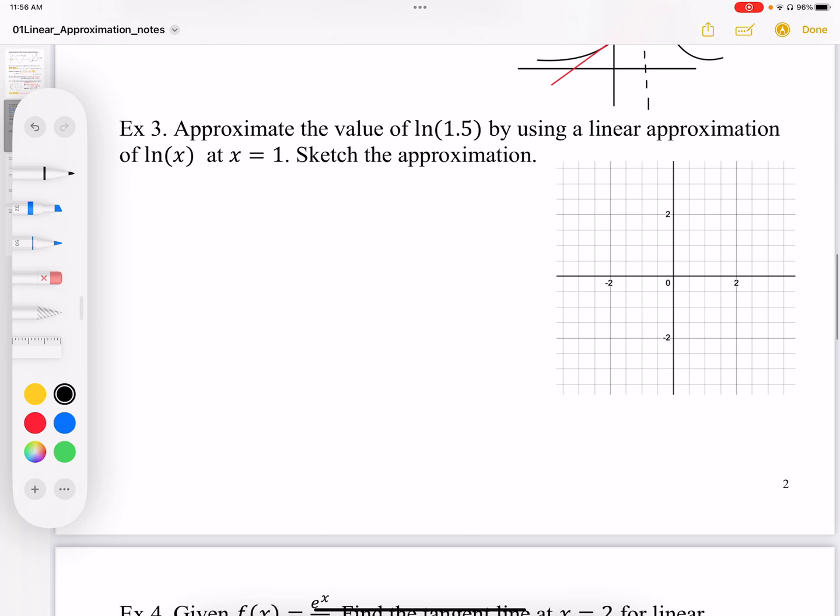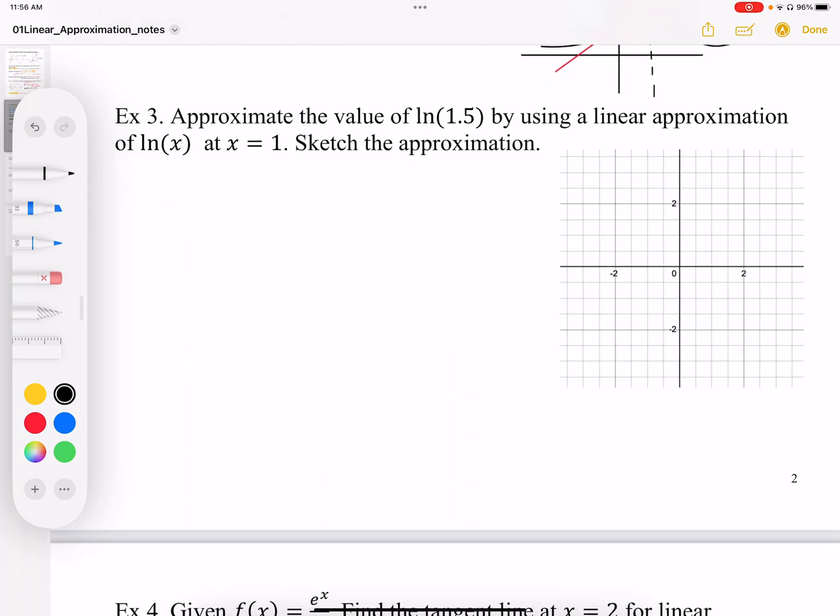In the next example, we're going to approximate the value of log 1.5, and we're going to use a linear approximation at x equals 1. So if I sketch this curve, we know that there's a vertical asymptote. It's going to go through 0, and it's going to start curving off like that. Maybe I'll just change that up a little bit.